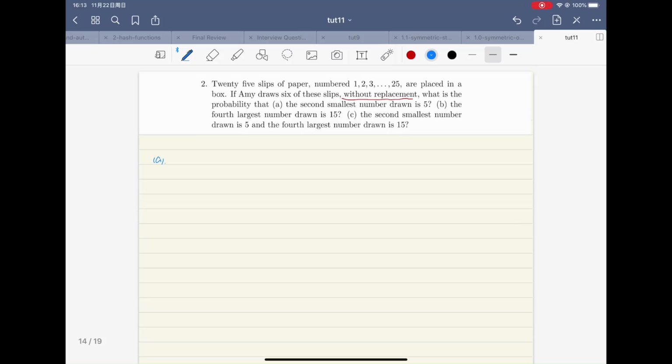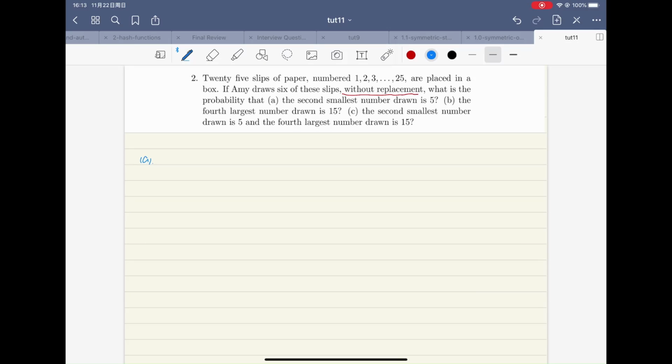So we have question A, the second smallest number drawn is 5. If the second smallest number drawn is 5, then we have 4 choices for the smallest number, right? We have 1, 2, 3, 4. So we write that down, the probability of A is equal to |A| divided by |S|.